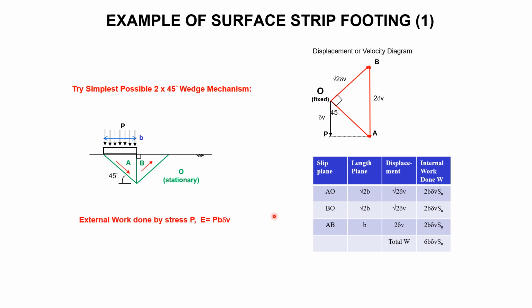We also need the external work done by the stress P. External work done is P multiplied by B to get a force, multiplied by 1 into the page, and multiplied by the displacement of P, which is simply delta V. So P B delta V. Now we equate E and W, and we get 6 SU as the stress on the foundation. Now, we were after 5.14, so even with an idiotic mechanism, we're not so far off.